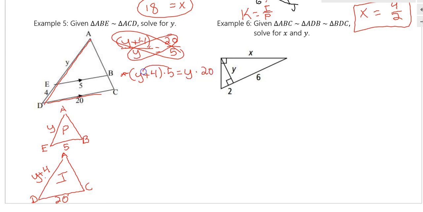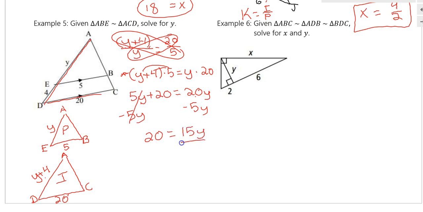Doing our cross multiplication, I have 5y plus 20 equals 20y. I have 2 variables this time, so I have to get rid of one of my variables. 20 minus 5 is 15y. Divide both sides by 15. 20 over 15 is 4 thirds.